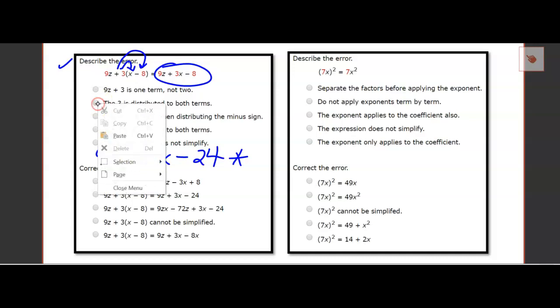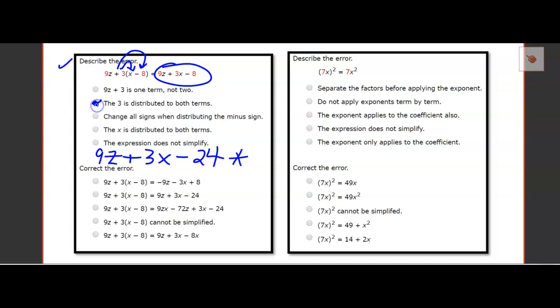There is our error. If you work it out correctly to see where the mistake was made, then we can very easily find the solution down here. By correcting the error and distributing the 3 to both the x and the 8, we end up with 9z plus 3x minus 24.